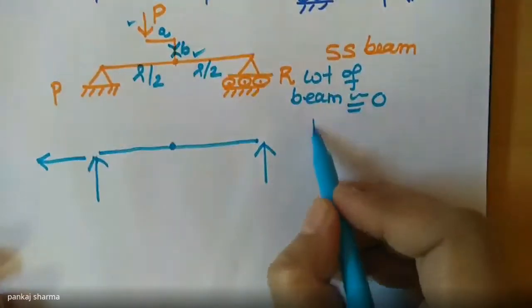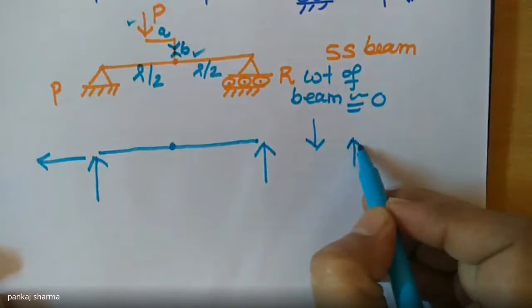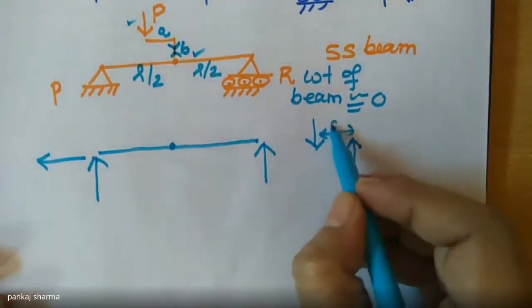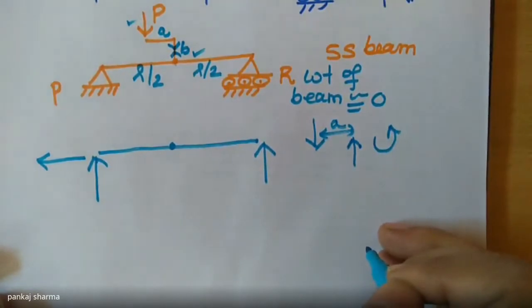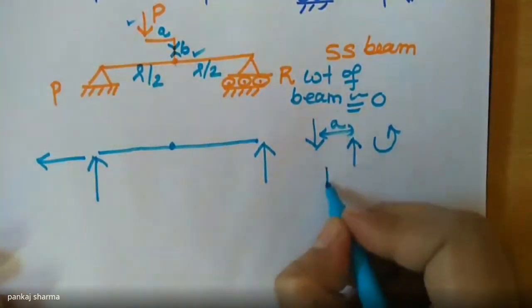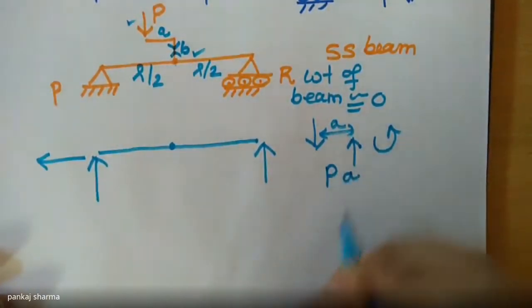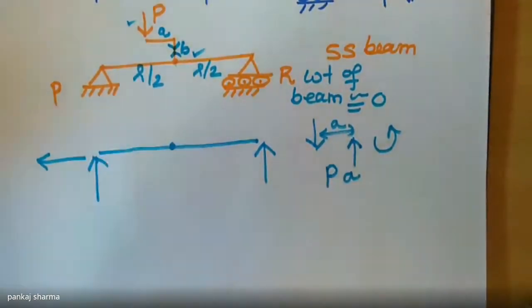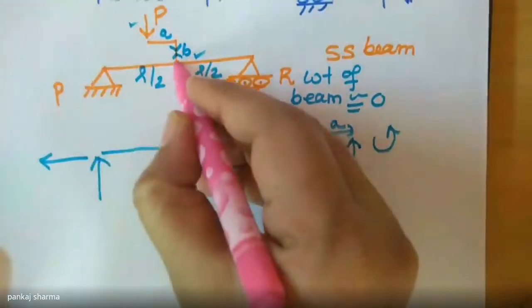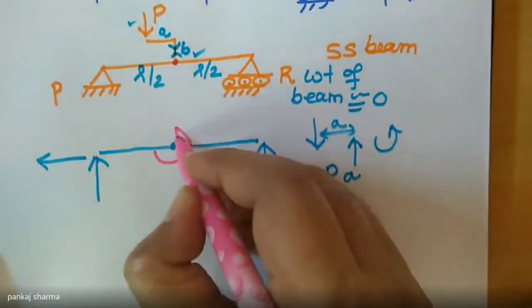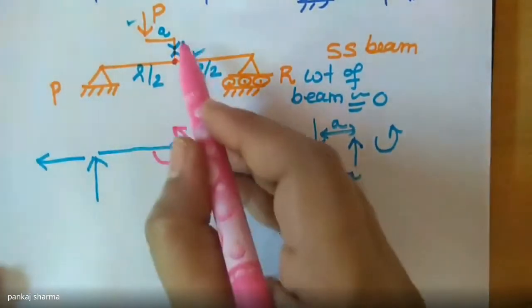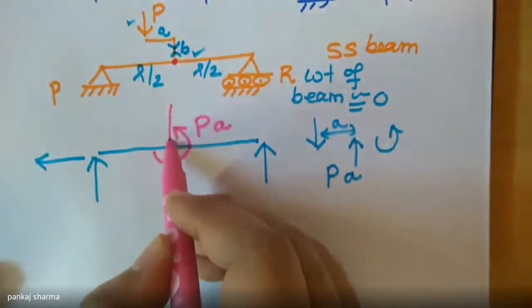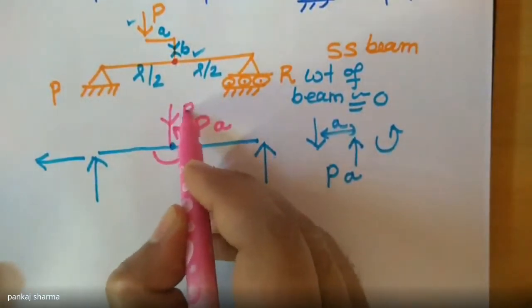The distance between these two is A. It makes a couple, the direction is anti-clockwise and the magnitude is P into A. So the couple here is P into A. The remaining force is vertically downward.